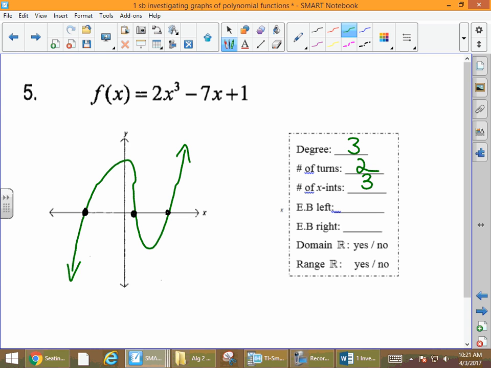We have 3. The end behavior for the left, are we going to positive infinity or negative infinity? We're going to the negative. We're going downward. When we look to the right, our graph is going upward.